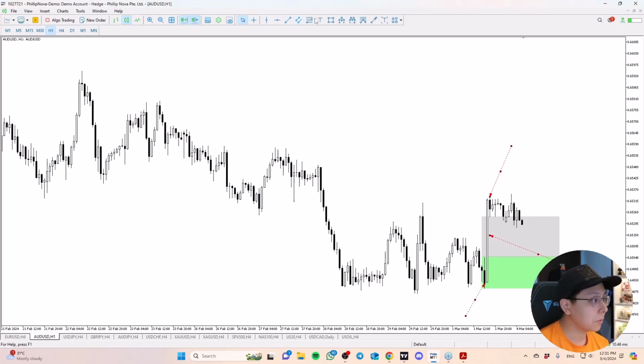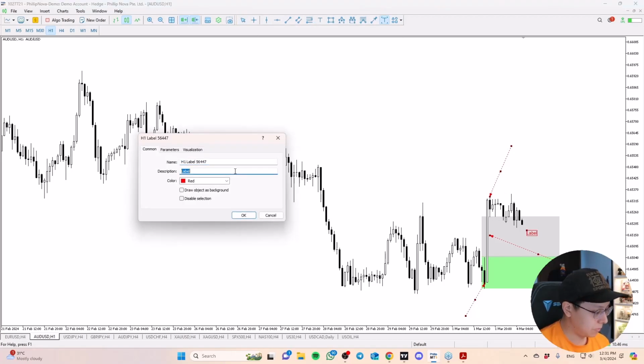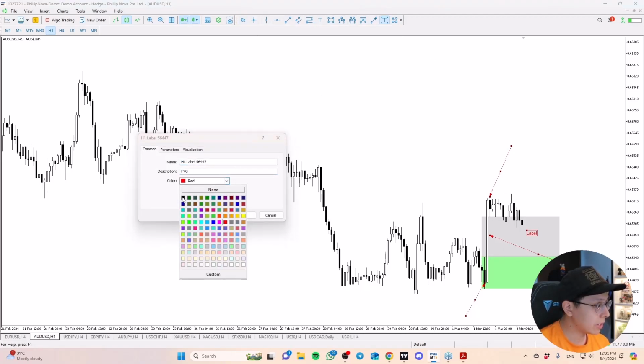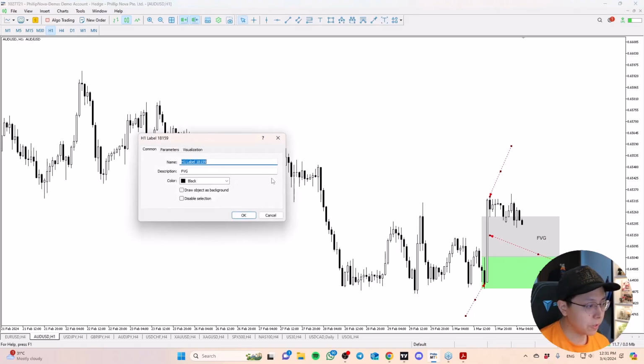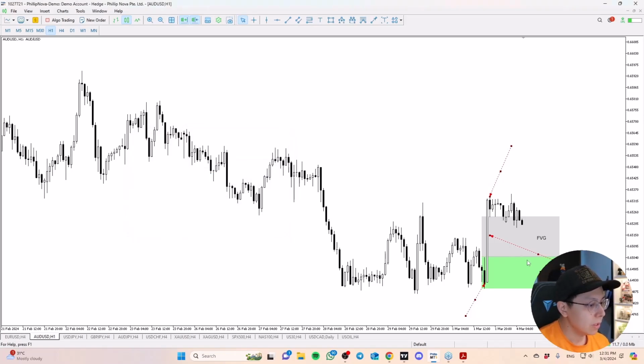So that's how it's being created. Let me very quickly drop in some labels. This is your fair value gap, and the bottom over here, this is the demand zone. So that's as simple as it is.